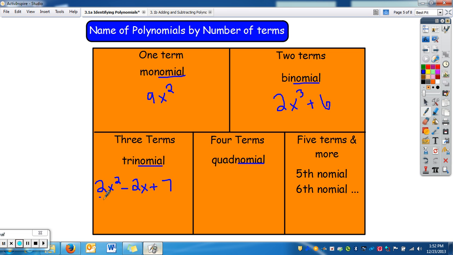There are 3 terms: 1, 2, 3. Obviously 4 terms, we'd have 4 of them. We could have x to the 5th minus 2x cubed plus 8x plus 2.